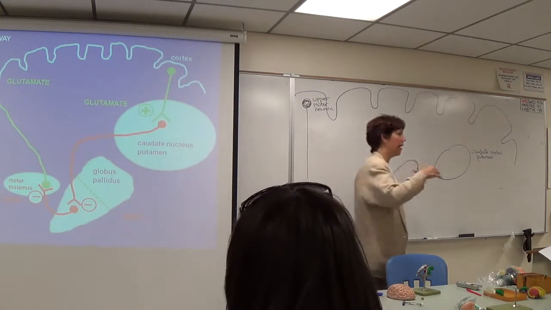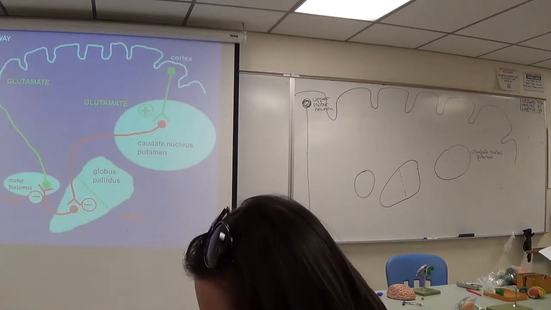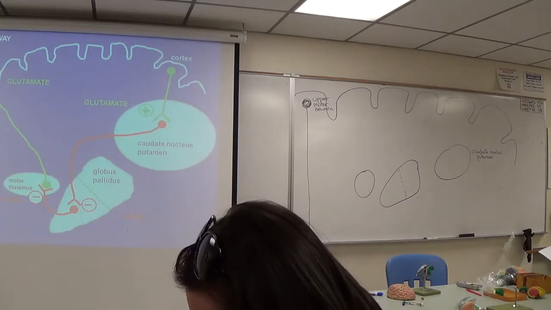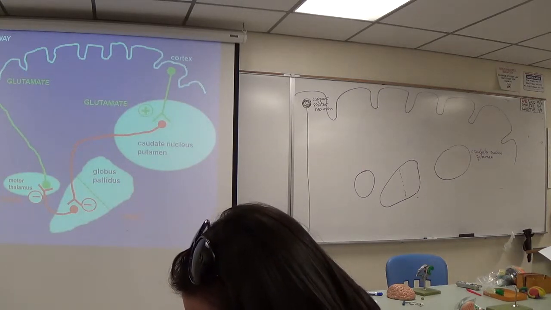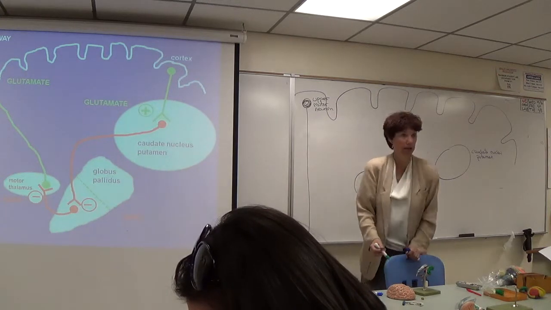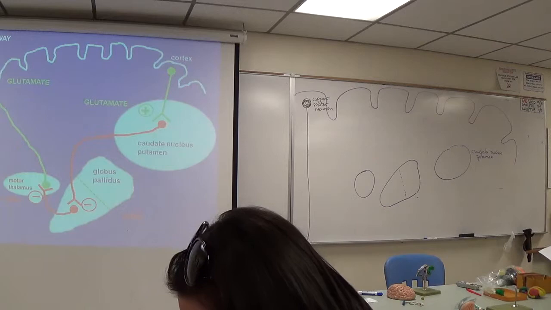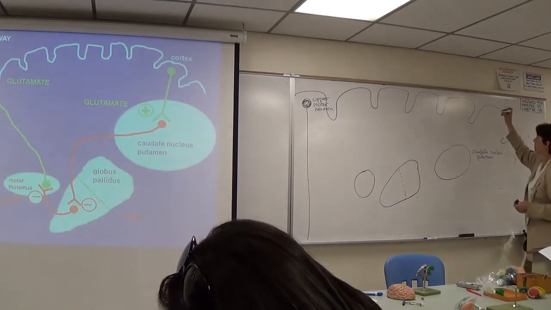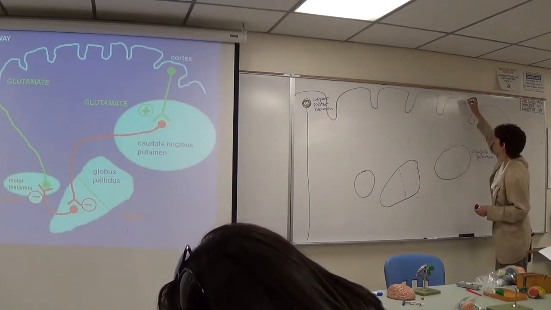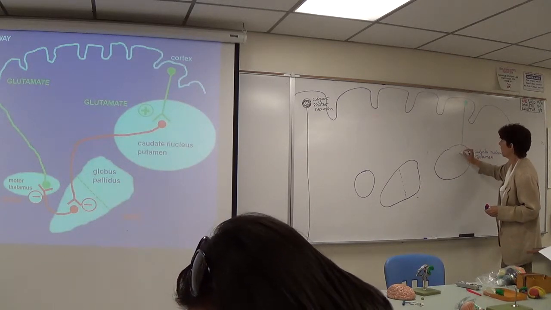So from some area of the cortex, all right, premotor area, frontal, sensory, a variety of locations, we get an excitatory neuron. And I'll explain what that means in just a moment, because that concept itself is in our next unit. But from the gray matter of the cortex, a neuron descends to the caudate nucleus.